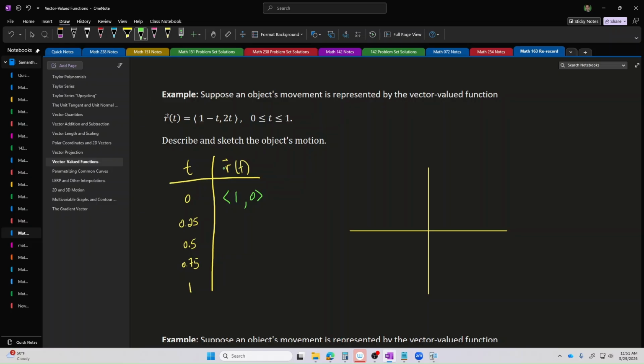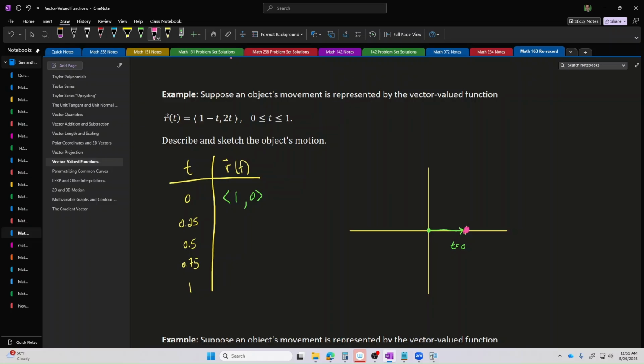So at this particular moment in time, this vector is pointing from the origin to the point (1, 0). So this says, hey, at time t equals 0, the object's position is right here. This is where the object is located at this moment.